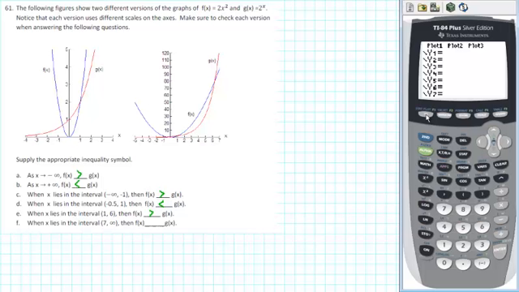Go to Y equals and enter f of x and g of x. We'll enter f of x for y1. y1 is equal to 2x squared. We'll enter g of x for y2. So y2 is equal to 2 raised to the x.